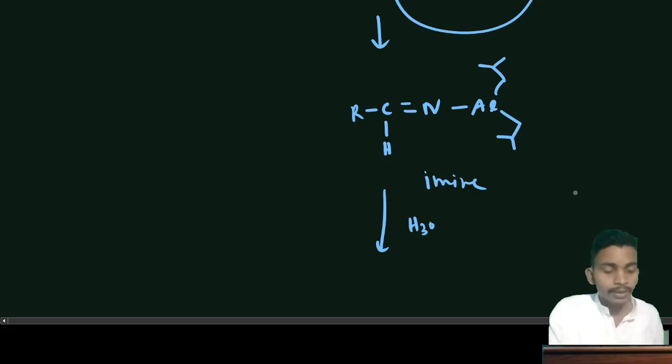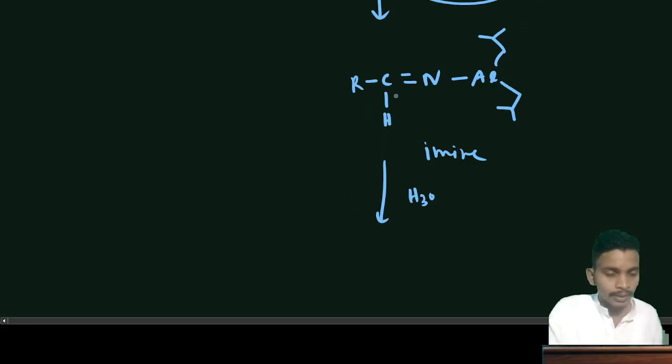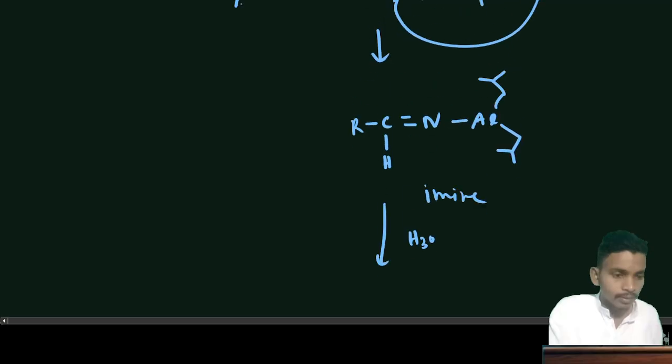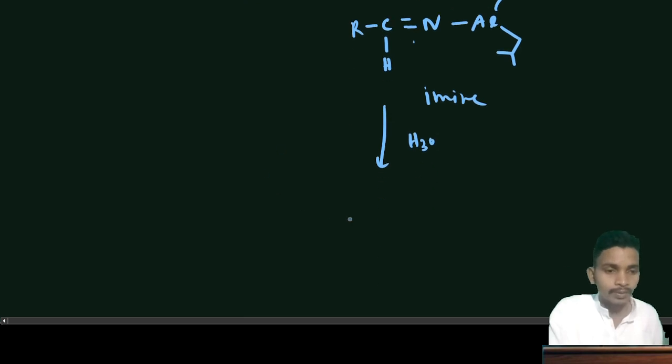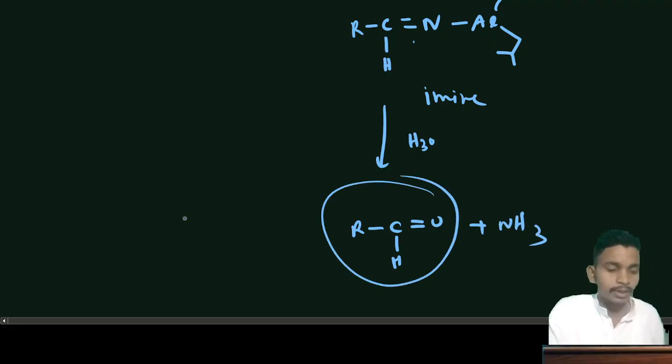If you do that, the N will be removed, and water's oxygen will come here. It means we get RC, this N will go, and here you will get the double bond. This is the aldehyde group. So again we will get aldehyde groups.